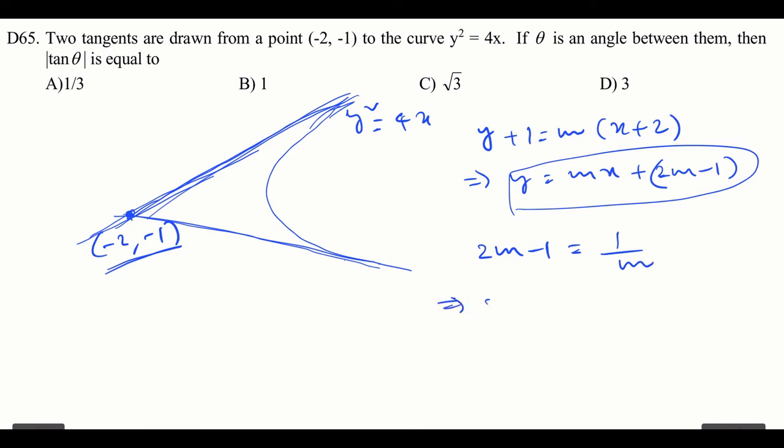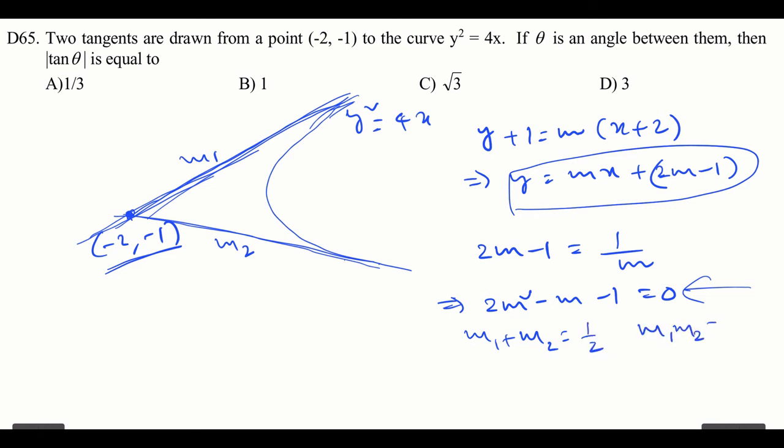From this I am having 2m square minus m square minus 1 equal to 0. So if I assume that the slopes are m1 and m2, then m1 and m2 are nothing but the roots of this equation. From this equation I can write m1 plus m2 is equal to 1 by 2 and m1 m2 is equal to minus 1 by 2.